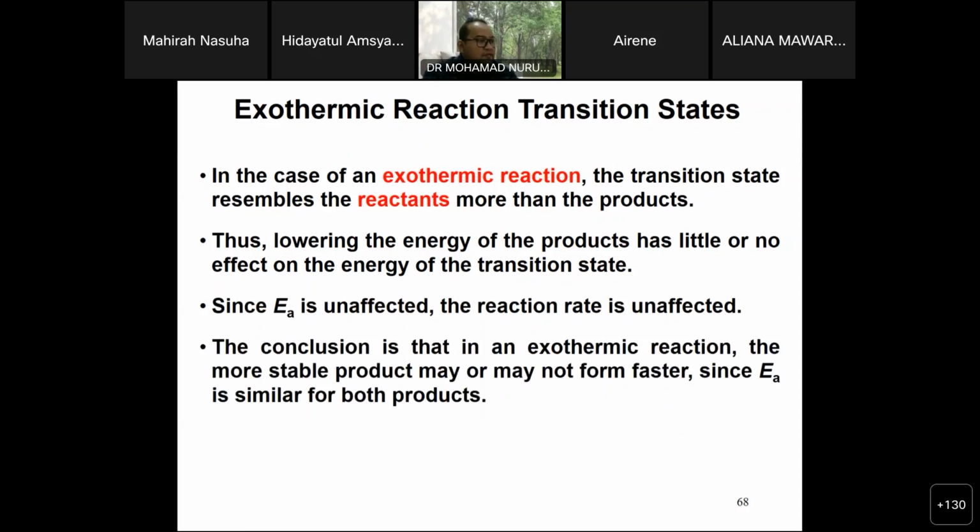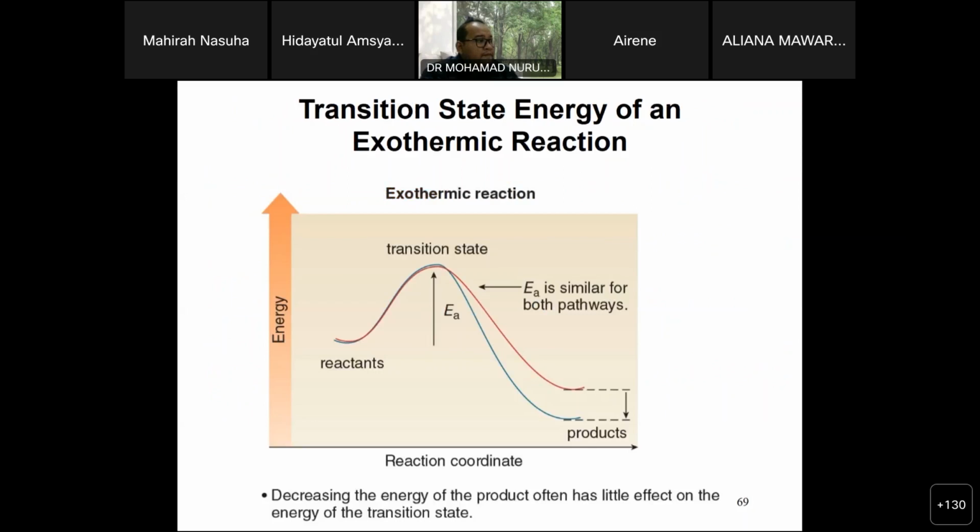The conclusion for exothermic reactions is that the more stable product may not form faster, since the activation energy is similar for both products. It will be a slow reaction, and this can be explained by these diagrams, because the activation energy is similar for both pathways, so it doesn't make any difference.